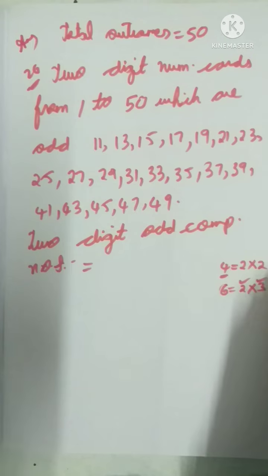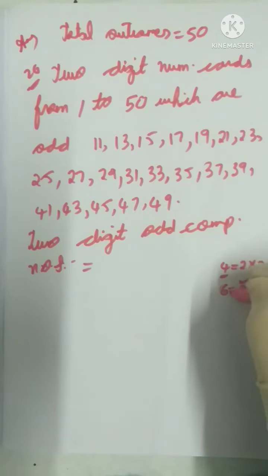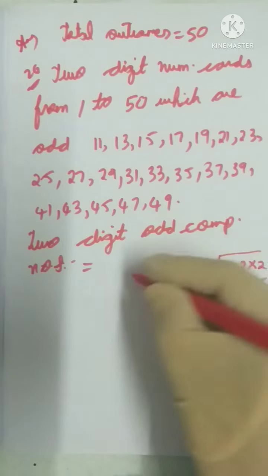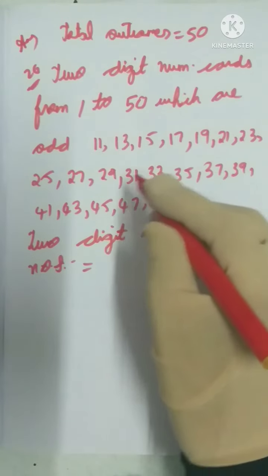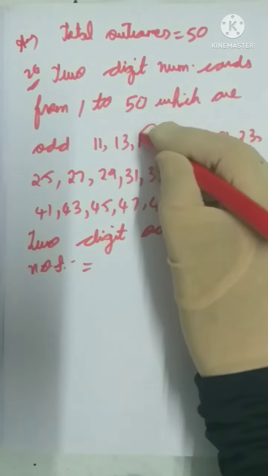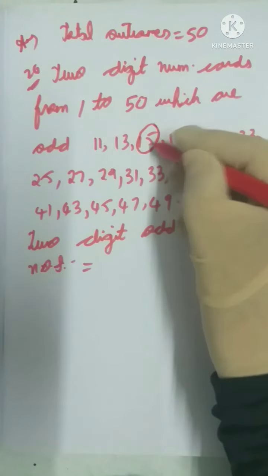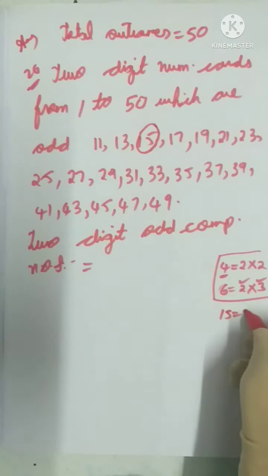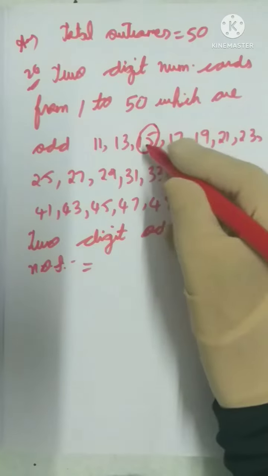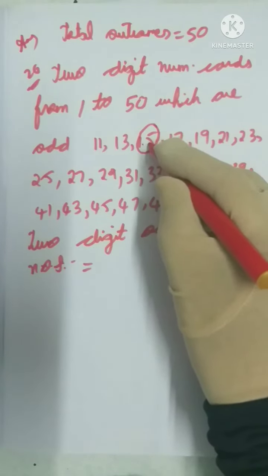So any number which has more than 2 factors is called a composite number. Here we should choose odd numbers. So 2-digit odd composite numbers from this will start with 15, because 15 can be written as 5 threes are 15. So 15 has more than 2 factors. It is odd, it is 2-digit, and it is also composite.